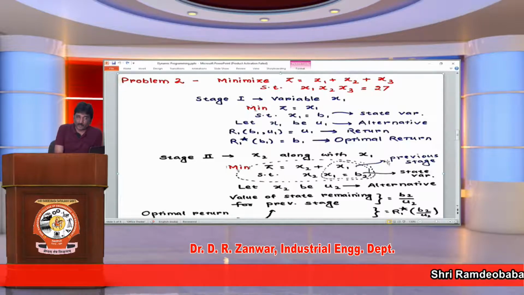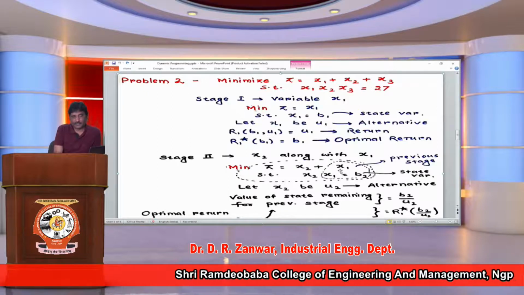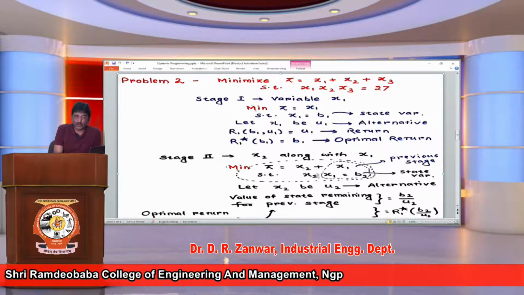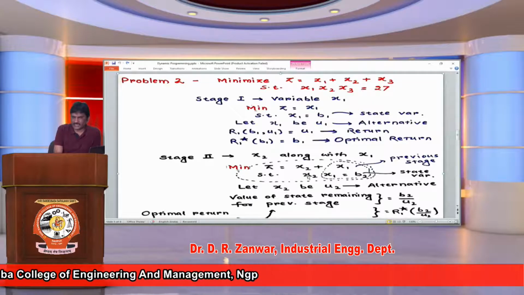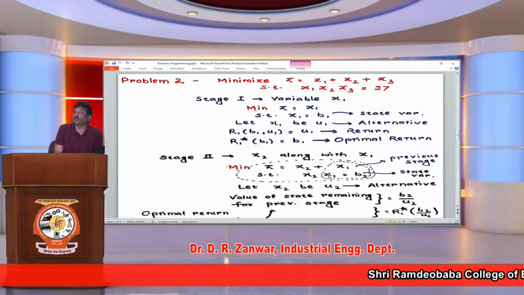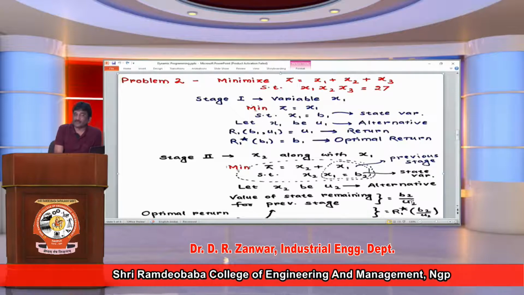Look here, the previous stage is a substage of your second stage problem. So the value remaining for the previous stage is b2 by u2, because your constraint is x2 into x1 is equal to b2. x2 you know as u2, therefore the value which remains for the previous stage, for x1, is b2 by u2.